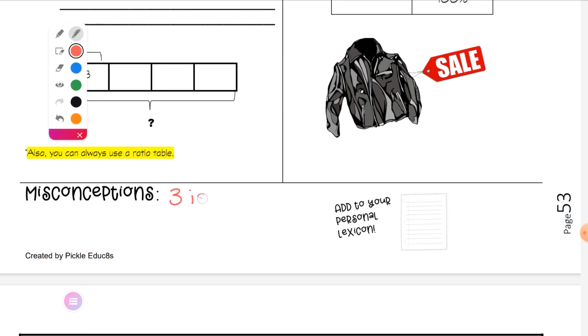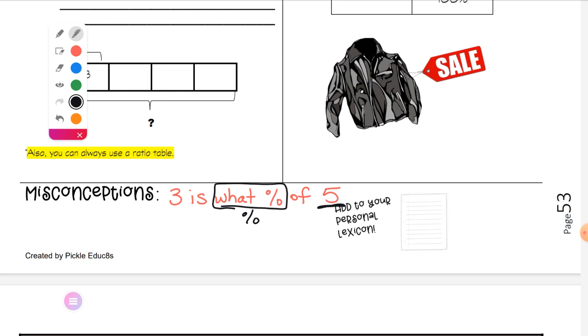3 is what percent of 5? Percent is obviously what we're looking for. So percent of, what's this one representing?